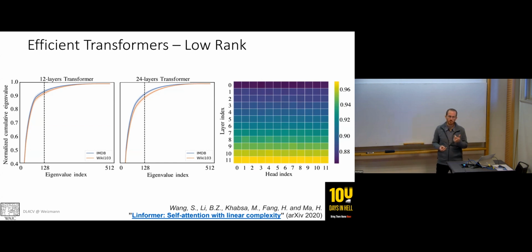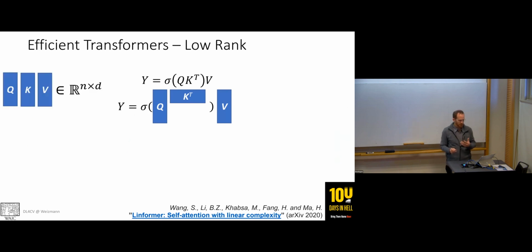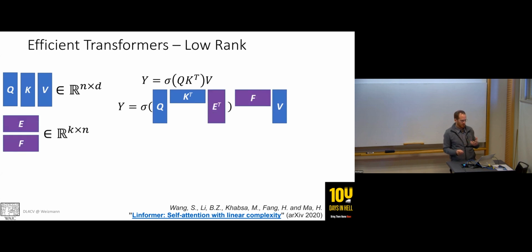But effectively, we can look at the rank of the matrix as we go deeper in the layers, and we can look at the eigenvalues of this attention matrix. Since we don't have time, I won't go into details of this plot, but what it shows is that effectively the rank is very low. And if the rank is very low, we can learn projection matrices, E and F, to make this computation more efficient. But then we are committed to a sequence length, because these matrices depend on the sequence length.